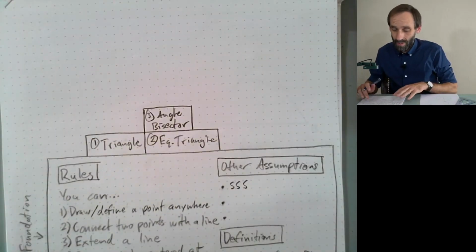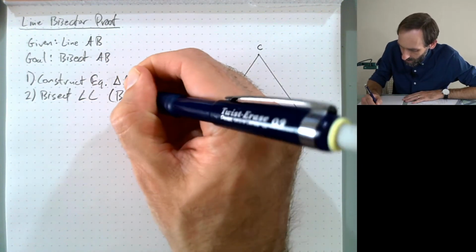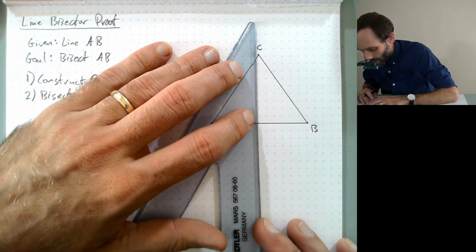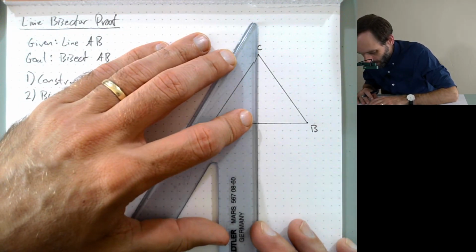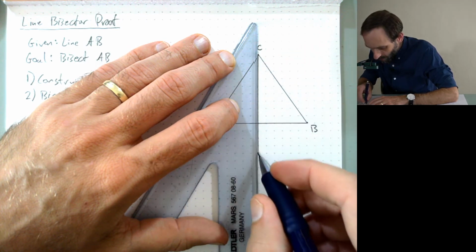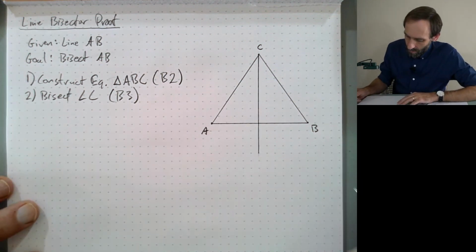Well, I just did it in the previous video, the angle bisector. So that was brick number 3. So brick number 3 says I can bisect an angle, and so let's go ahead and just draw the bisector in here. I'm not going to do the construction because we know that we can do it. We've already done it.